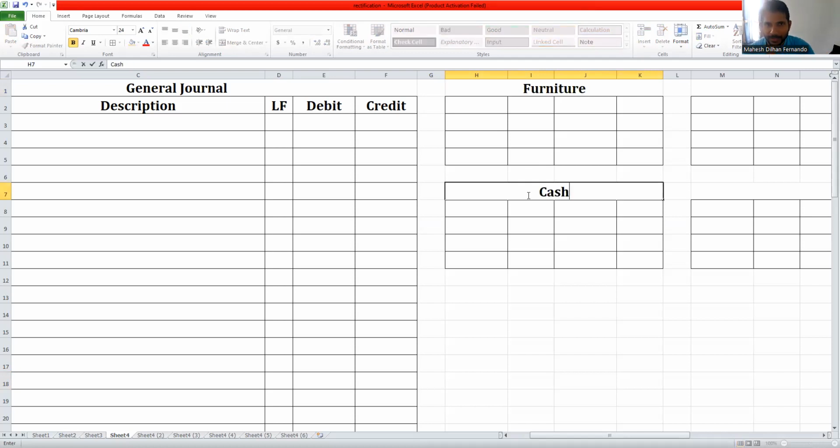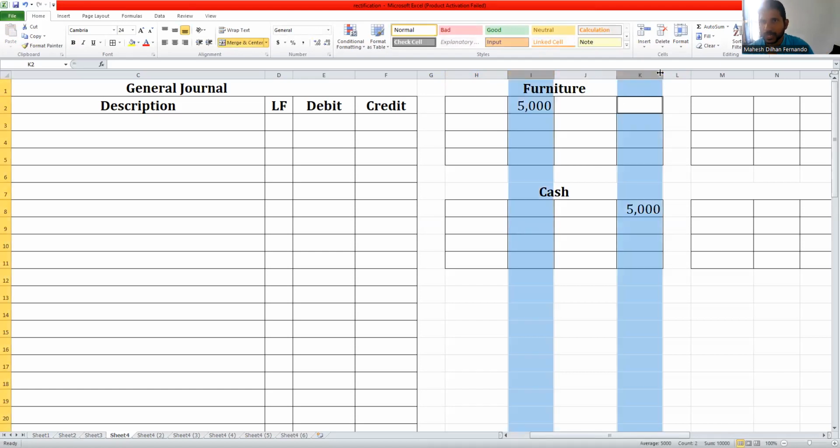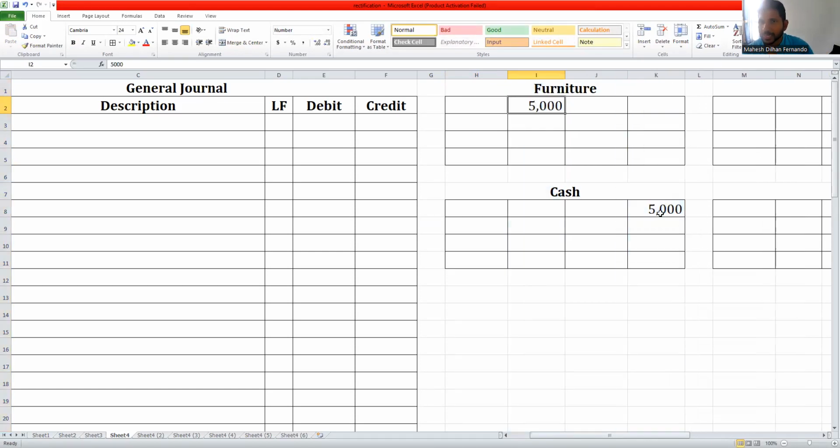We purchased furniture at 50,000 but it is recorded in the books as 5,000. Again furniture is debited 5,000 and cash credited 5,000. Now do you see the debit and credit values are the same but the value is incorrect? What should we do to rectify this error? Can someone tell me?